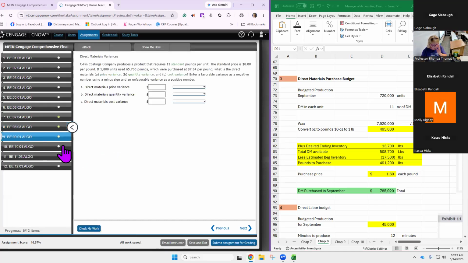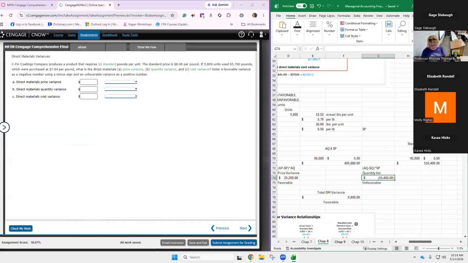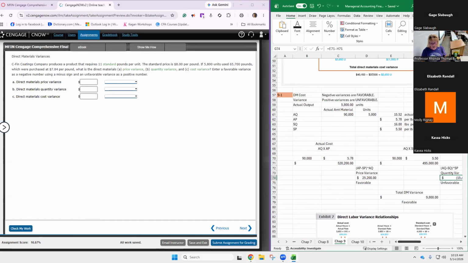All right, number 9. Number 9 is about variances. Variances are amounts that are different between what we had estimated with a standard and what actually happened. Okay, so there is a direct materials variance, there's a direct labor variance, there's a lot of variances, but this one's going to focus on the direct materials variance.